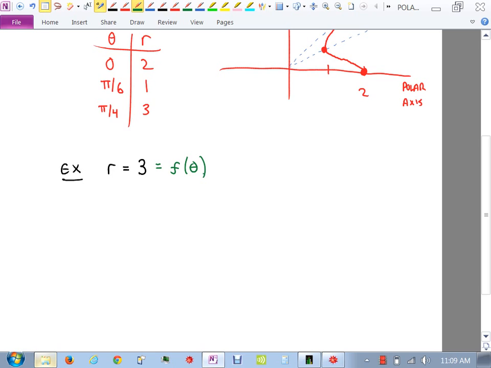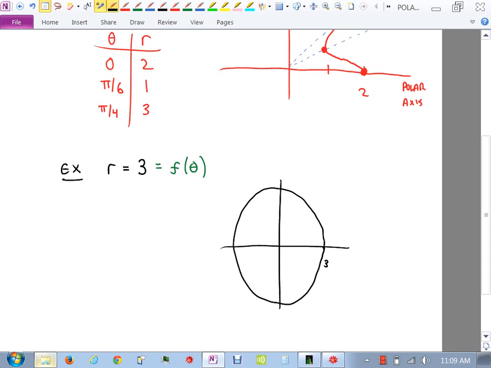Therefore, it doesn't matter what angle I'm at. At every angle, I'm supposed to walk out how far? 3. So what is it? It's a circle, radius 3.